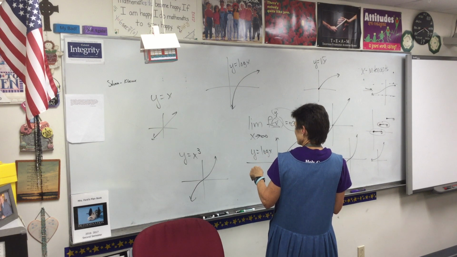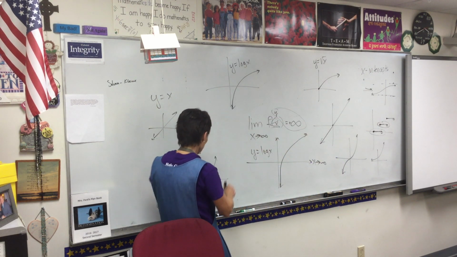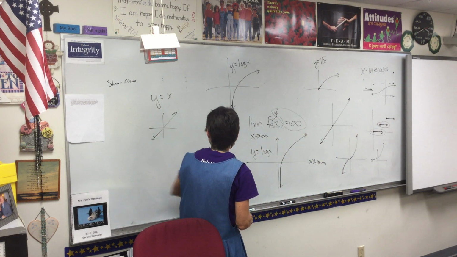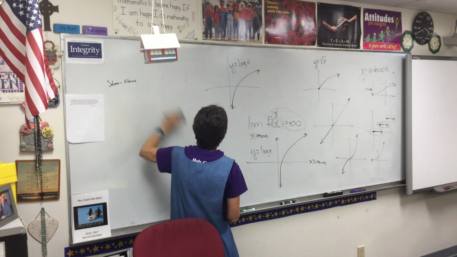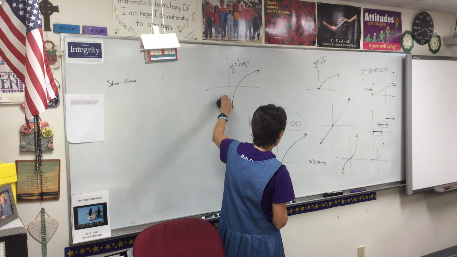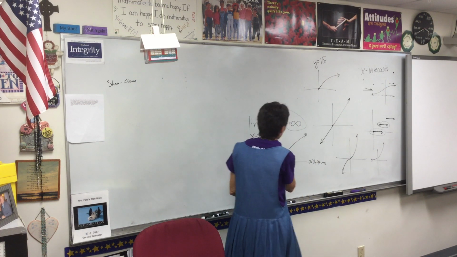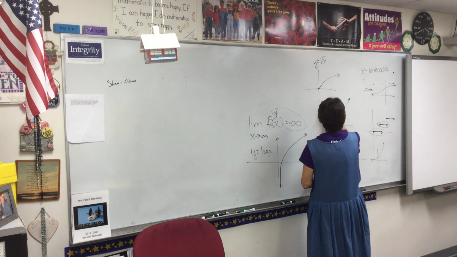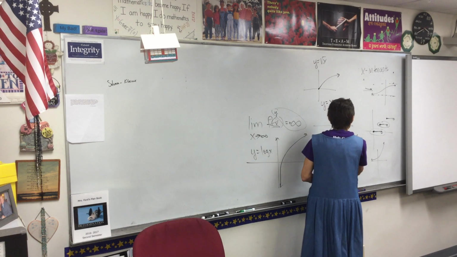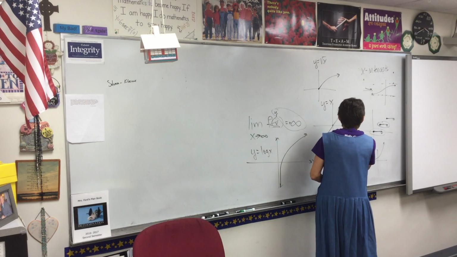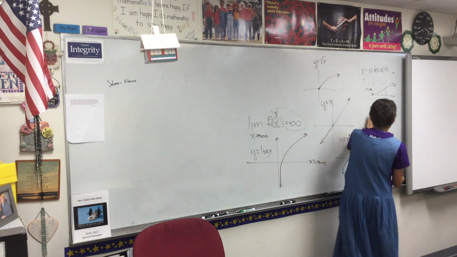How many have we got? 5. We got cubing already. Okay. So we've got. Did we get the identity? Yep. Okay. So we've got log. I've got it twice. All right. So I got log, square root, identity, cubing, and exponential.